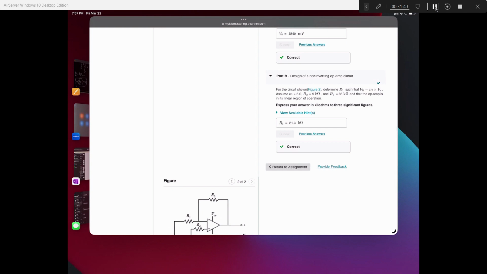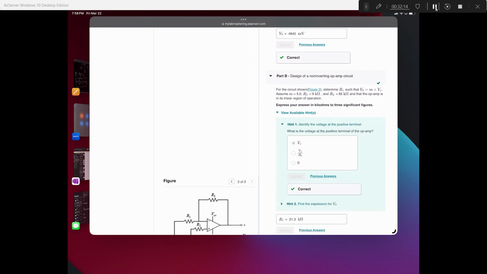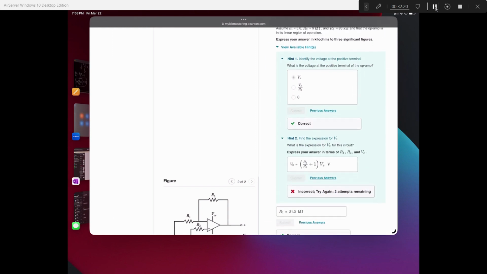Determine R1 such that... this is what we found here.